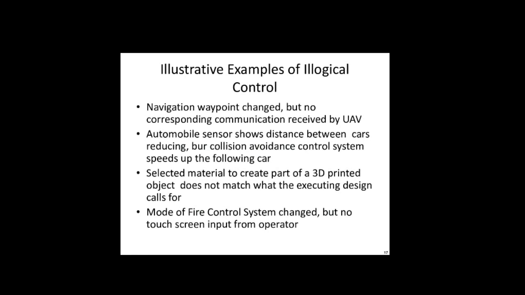Well, something's awry. For the automobile, I gave you the example of collision avoidance or adaptive cruise control. We've done 3D printers: the material I select is not the material that would be called for, or the temperature, or whatever, is wrong. Fire control systems: the operator pushed a button, but the weapon didn't fire. Or the operator didn't push a button, but the weapon fired.